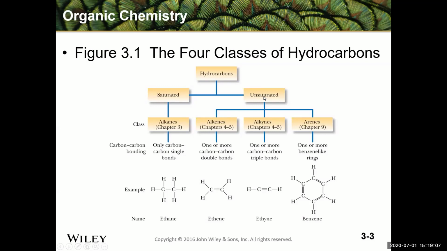As far as unsaturated hydrocarbons go, we have alkenes. We also have alkynes. Alkynes contain 1 or more carbon-carbon triple bonds. Remember that in a carbon-carbon triple bond, each carbon involved has orbitals that are sp hybridized, and the geometry about that carbon in these alkynes is linear.